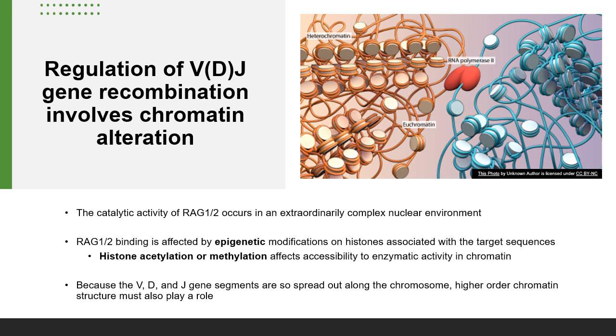So RAG binding, the recombinase enzyme binding, is affected by epigenetic modifications on those histones, and that includes one specific epigenetic modification on histone 3, lysine number 4, and that's the addition of 3 methyl groups, so trimethylation.